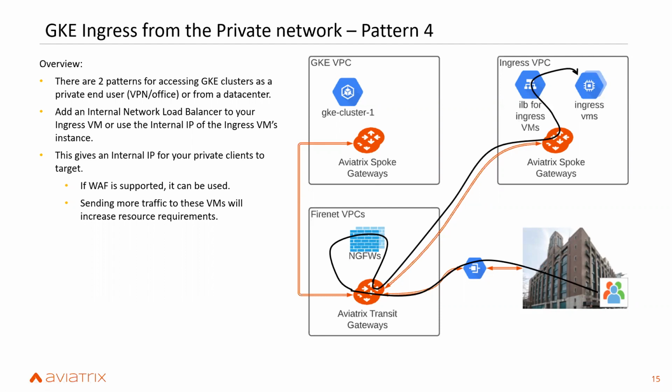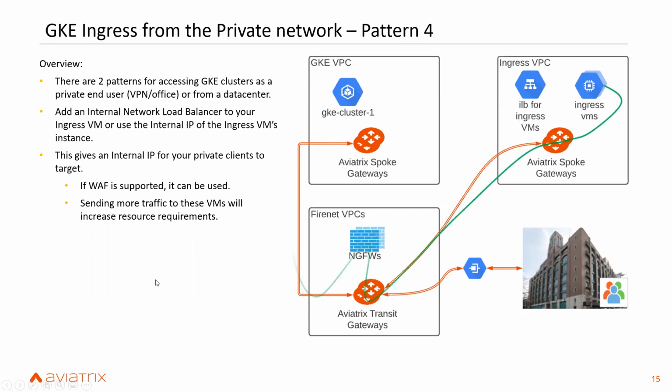And then if needed, you'd have to deploy an ILB in front of your Ingress VMs. That way the traffic can actually be distributed to the Ingress VMs. And then once the traffic is on the Ingress VMs, it's just like the internet flow pattern, where the traffic leaves the Ingress VMs, goes to the spoke gateways, transit gateways, the firewalls, spoke gateways again, in the GKE VPC rather, and then onto the GKE cluster.